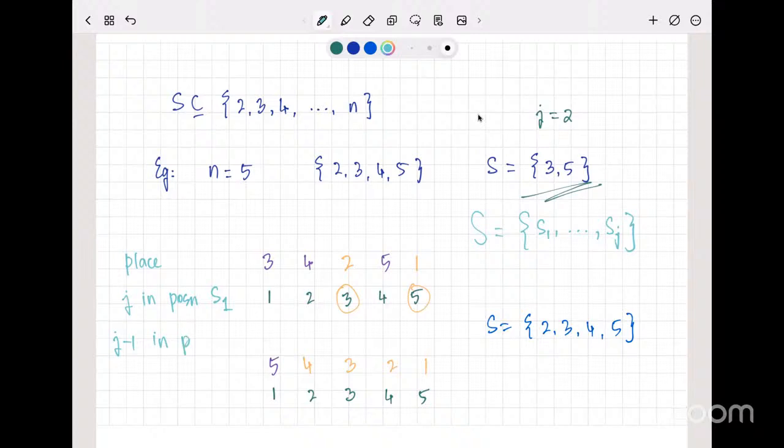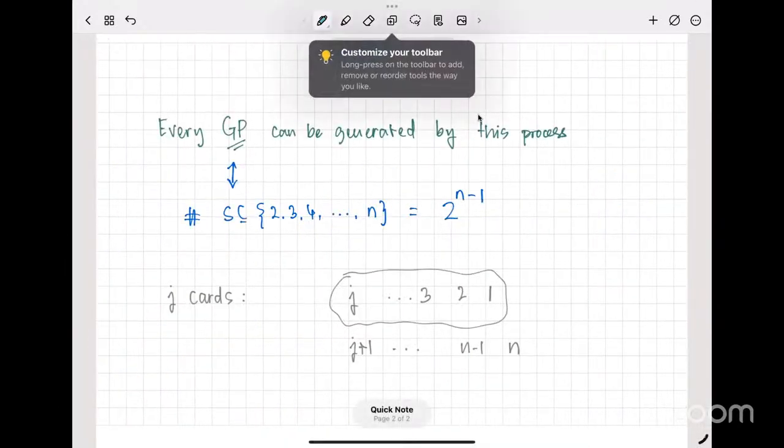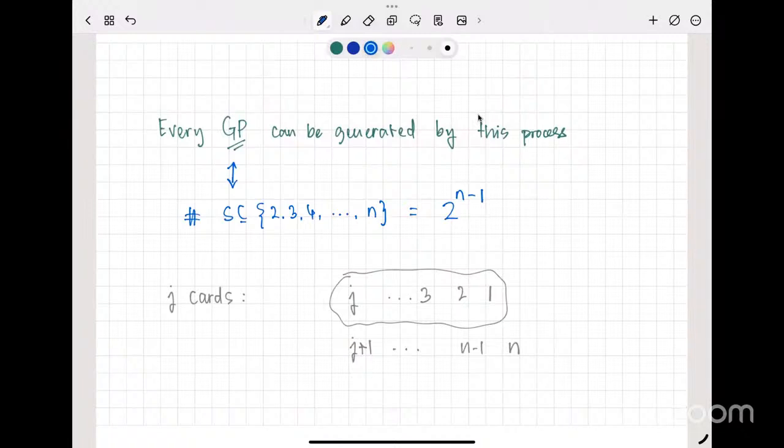So J minus 1 in position S2, and so on, and 1 in position Sj. So you've dealt off J cards and their positioning is given to you by S. So we are going in this direction: if there is a Gilbreath permutation, then there is a choice of a subset S for which we would actually end up generating that permutation.